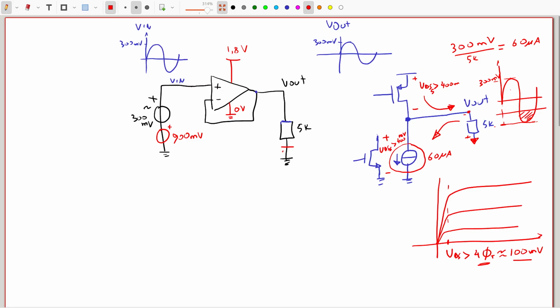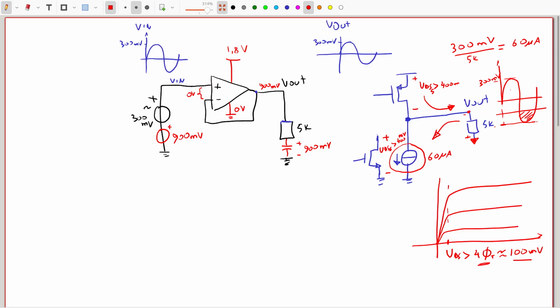And then when I have the capacitor here, this capacitor is going to be charged to the 900 millivolts. Remember that the voltage swing here is 0 volts, so we will have 900 millivolts DC at the output.